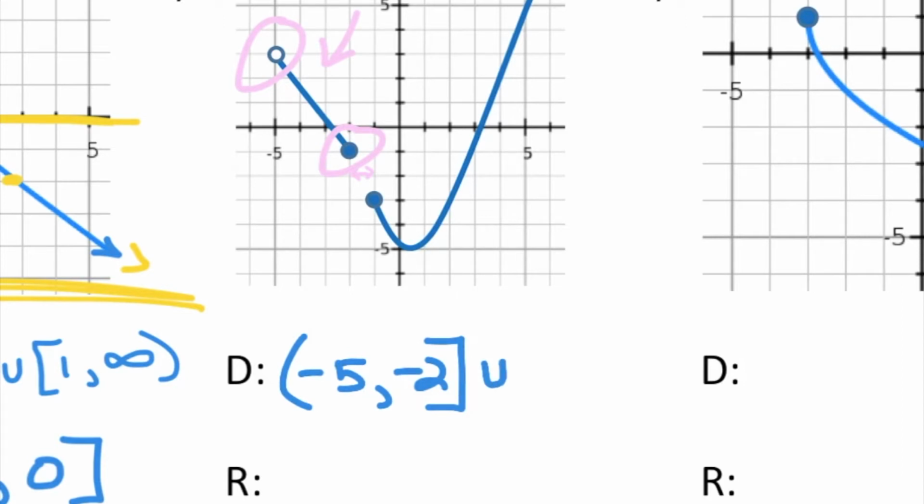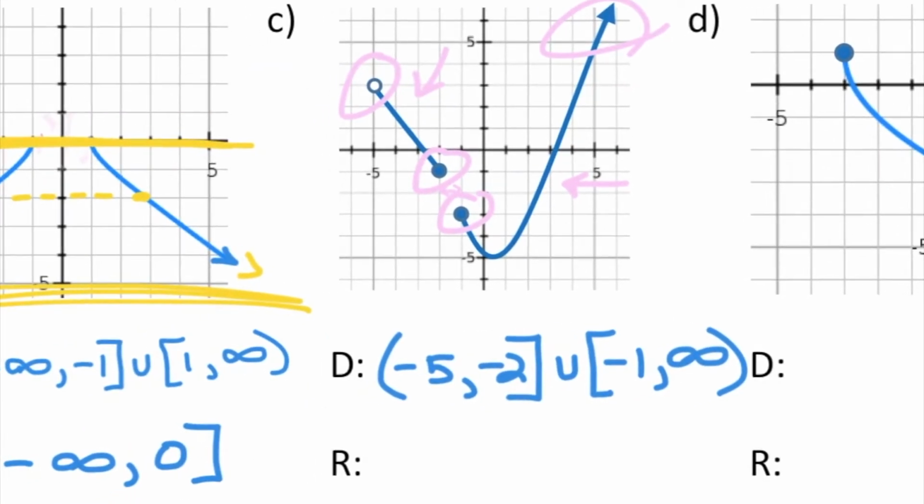And then union, and then I start with this second piece of the graph, a closed circle at negative 1, so it'll include negative 1, and then at the other end it goes to infinity. So it'll be negative 1, including negative 1, to positive infinity, round parentheses around infinity every time.